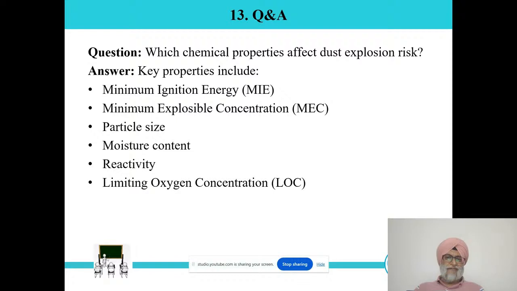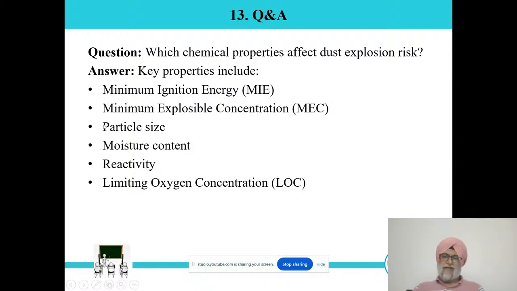Now, question number 13: which chemical properties affect dust explosion risks? Of course, the key properties include minimum ignition energy and minimum explosive concentration. MIE is related to the temperature. If you see the triangular quadrant, MIE is related to temperature, minimum explosive concentration is related to fuel, and particle size is one additional criterion here.